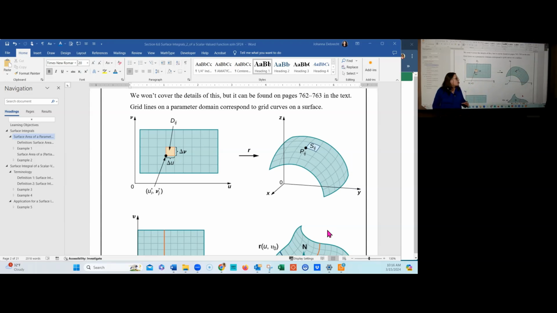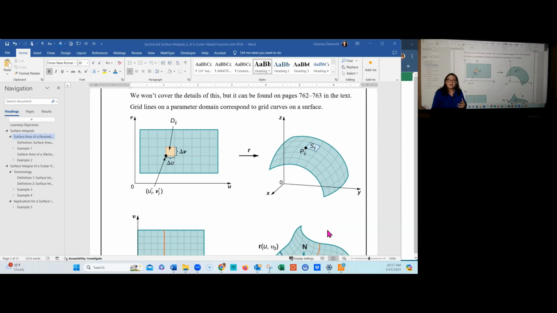But we can still talk about the ij sub-rectangle, if you will, by looking at the ith position for u and the jth position for v, and then translating that rectangle from the UV plane into the curved surface. We can call that tiny subsection of the surface capital S sub ij.